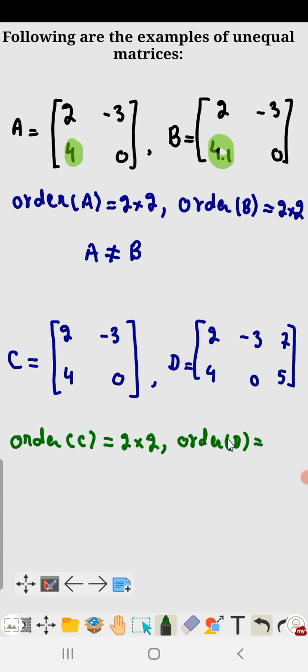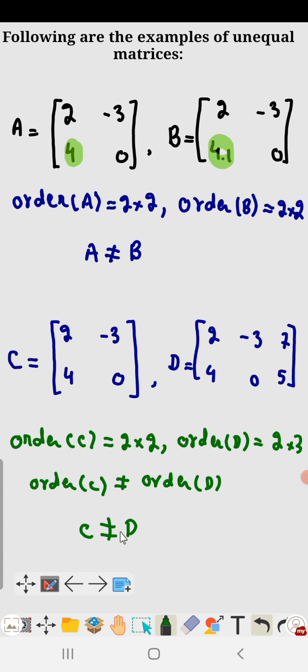There are 2 rows and 3 columns in matrix D. Hence the order of C is not equal to the order of D. Therefore matrices C and D are not equal matrices. So we write C is not equal to D.